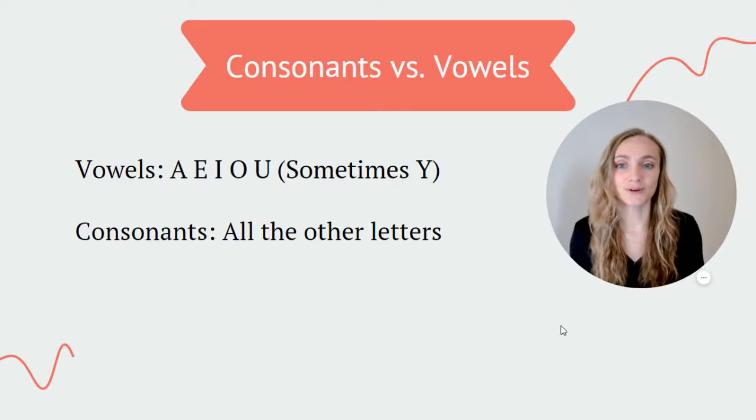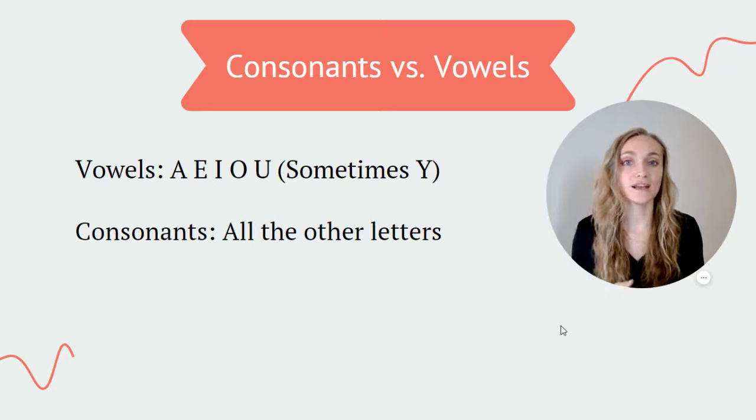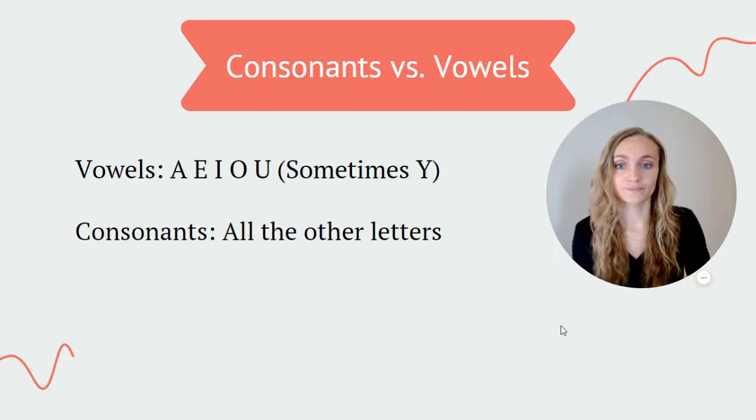So we won't go more into that, but these are the letters you can look out for that will normally represent vowel sounds. Consonants are represented by all other letters. So B, C, D, F, G, H, K, J, L, Z. So all of those are consonants. So that's what we're looking out for.